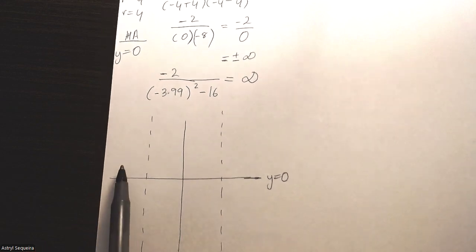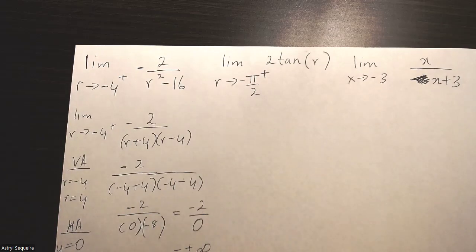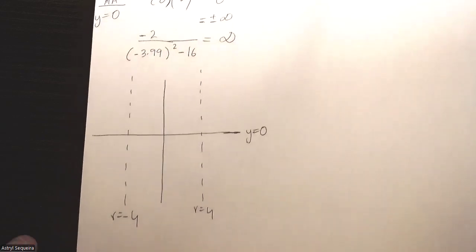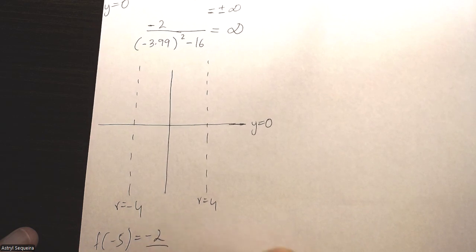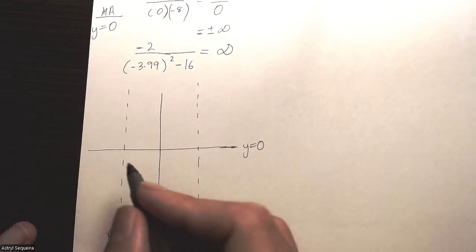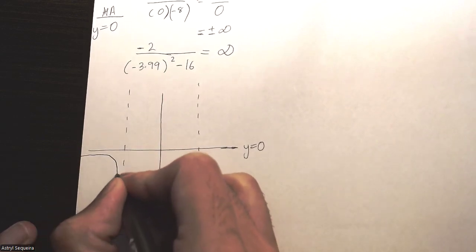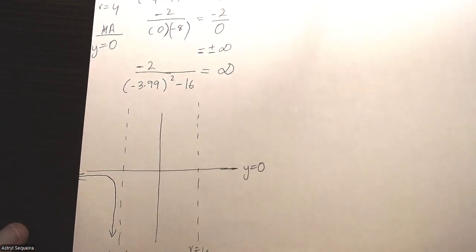I'll start by picking -5, and I'll sub in -5 into my original equation. If I sub in -5, I get -2 over 9. -2 over 9 is below over here. So I know that the graph has to go like this and hug the asymptote.